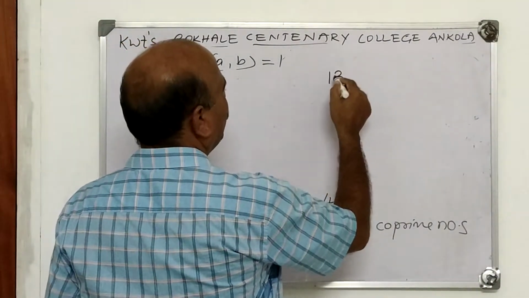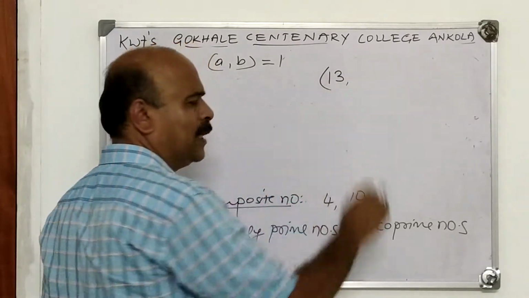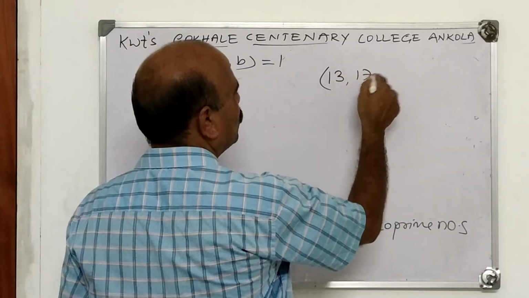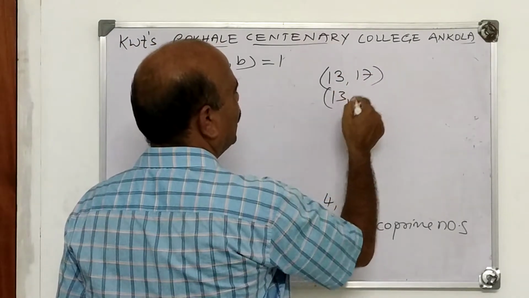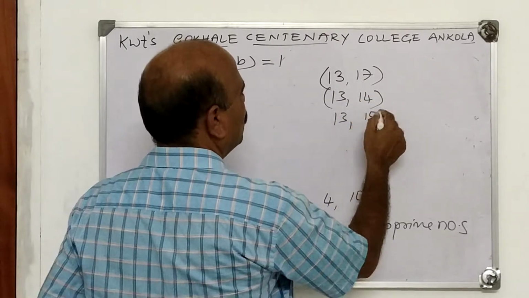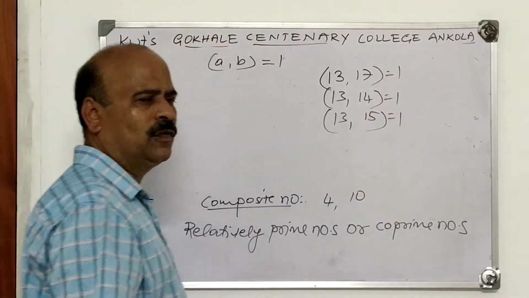Example: every prime number is relatively prime to all the numbers except multiples of that number. 13 is relatively prime to 17. 13 is relatively prime to 14. 13 is relatively prime to 15 because their GCD is 1.